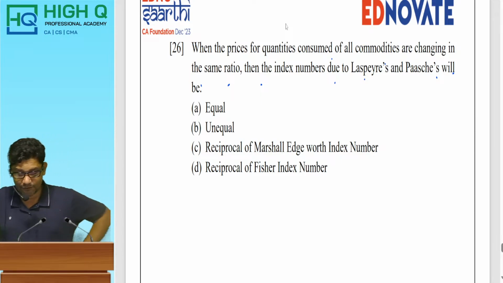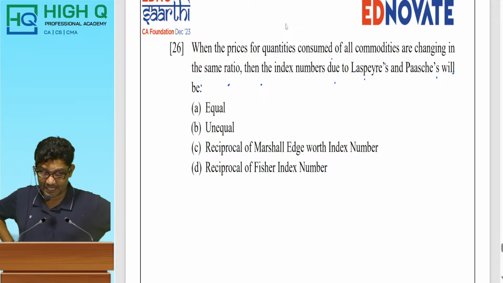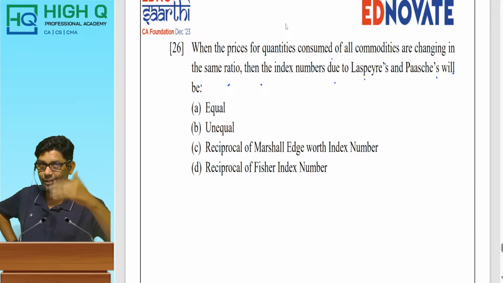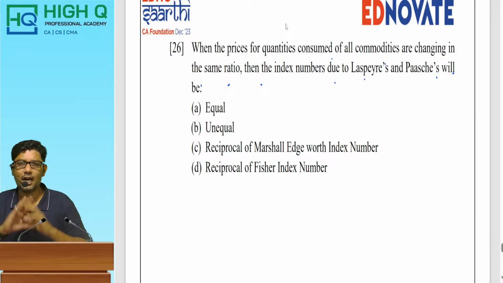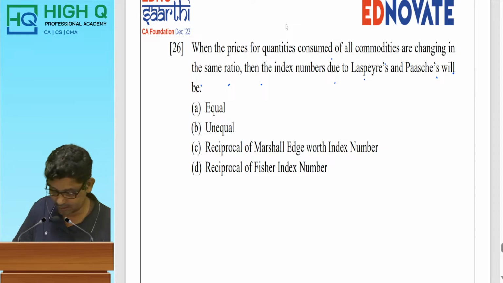Everything is changing in the same ratio. Can you please check it? Just substitute in the formula and check. Assume it is an exam. Let's see what answer you can give. It's very simple.